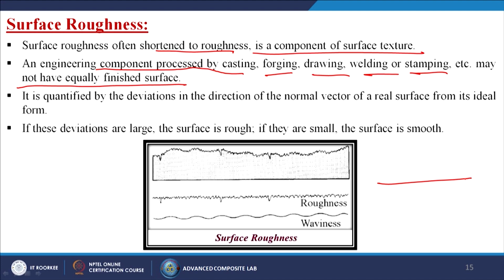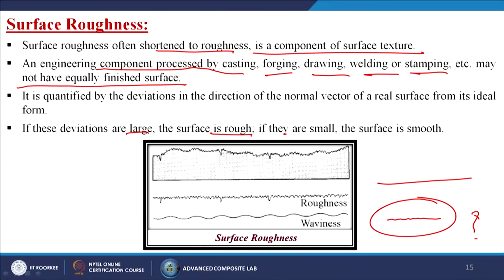If you see it now, you can find it is almost straight, but if you see it through the microscope, you can see there are some variations in that line. How much variation there is, that is the question. If these deviations are large, the surface is rough; if they are small, the surface is smooth. Roughness and waviness all come under surface roughness.